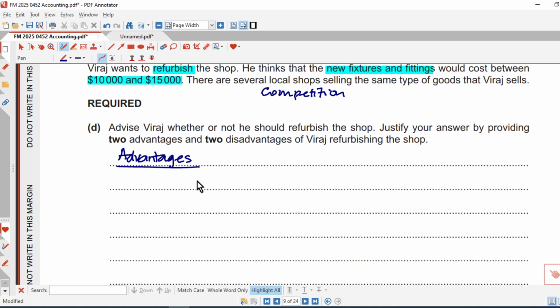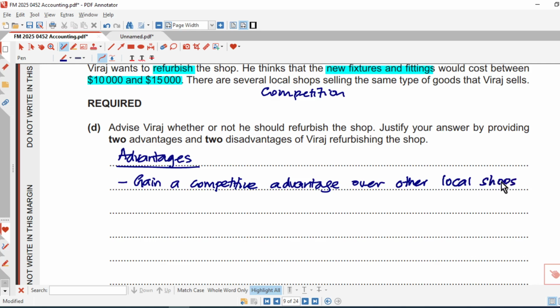So logically speaking, number 1, I may gain a competitive advantage, right? I might have a competitive advantage over other local shops because, well, I renovated, my shop looks good, it's new, it's clean, lighting is good, people love coming in here.